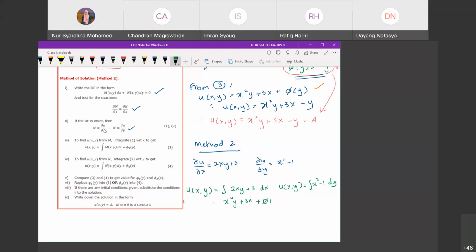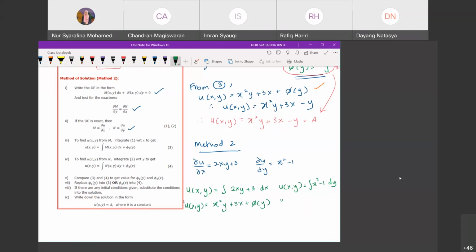Okay? So for here, you have same like before, x squared y plus 3x plus psi y. Okay, and then for the second one, first u(x,y) equals x squared y plus 3x plus psi y.